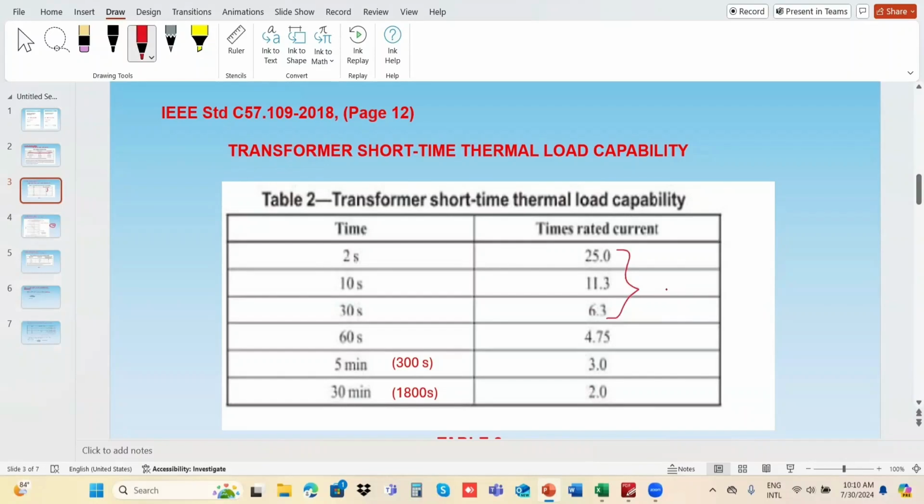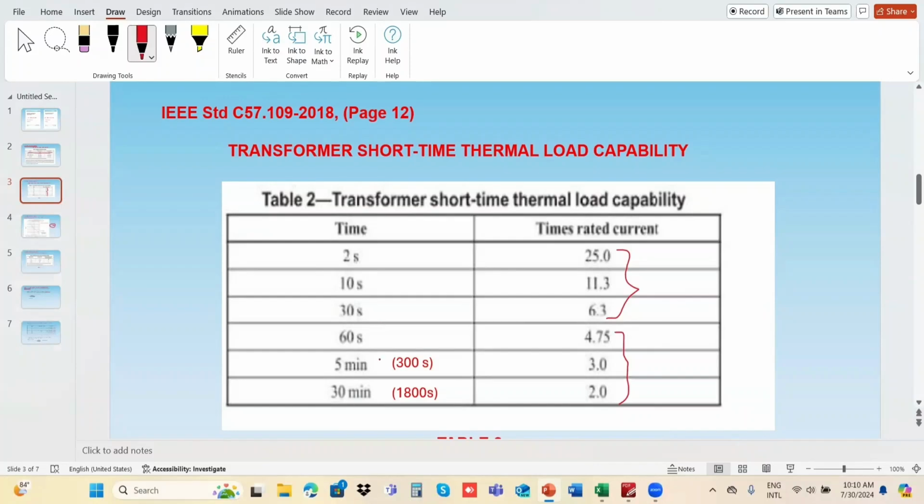So it applies to the function T equals 1250 over I squared, and this one is for less than 5 times.